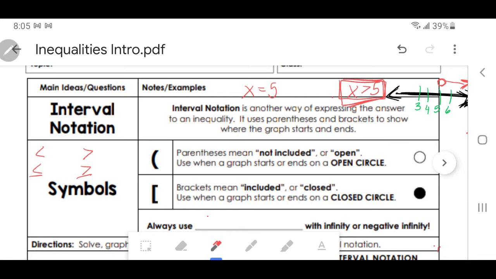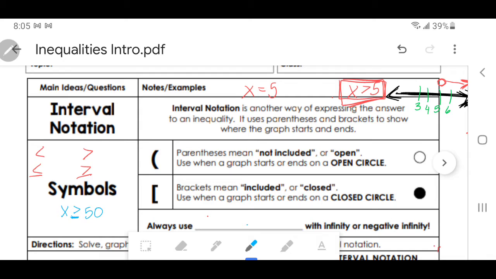So I need to make at least $50. That means I can make anything $50 or more. So I would express that with an inequality saying that x has to be greater than or equal to 50, right? I can make 50 and still be okay, or anything more. So if I make 57, great, I got an extra $7. So the line underneath the inequality includes the equal, okay?